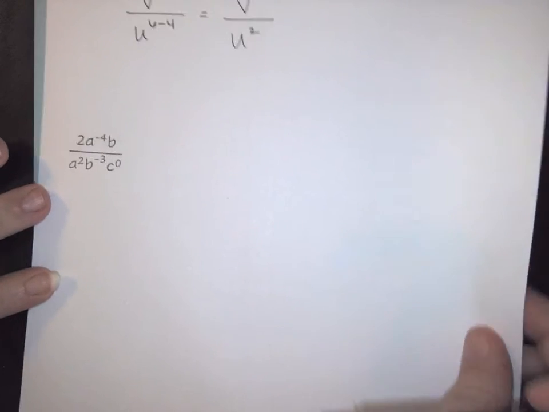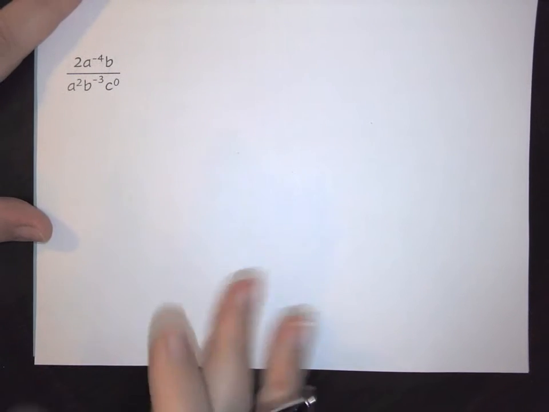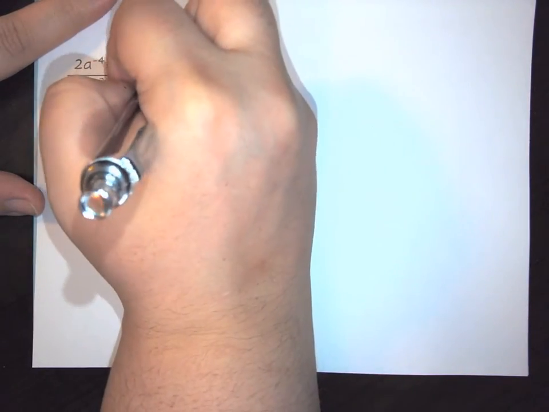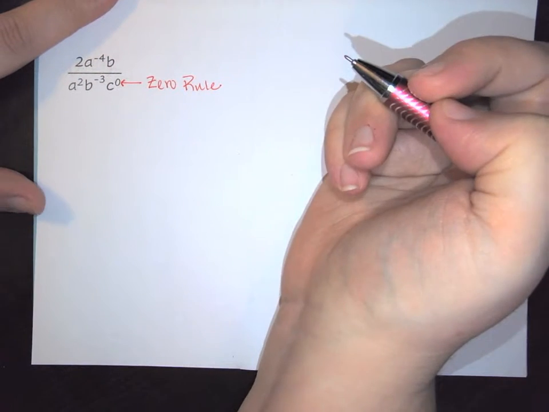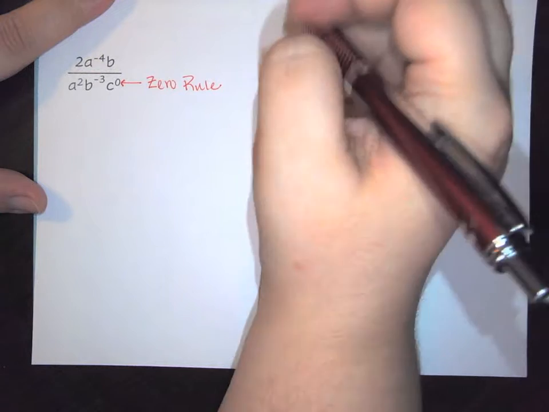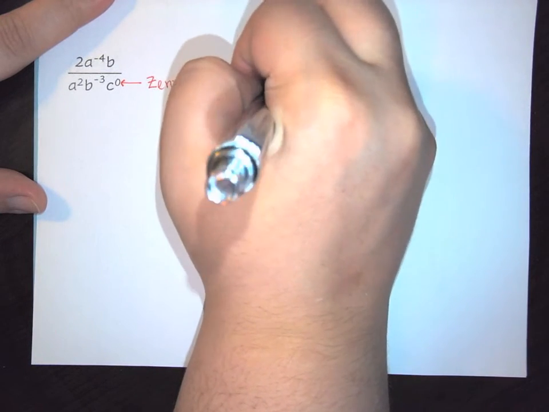Alright, let's continue making these a little bit more complicated, and let's look at what we have going on in this one. So first and foremost, we have this power of 0. So we need to remember that this is called your 0 rule. And your 0 rule essentially says anything to the 0 is equal to 1.